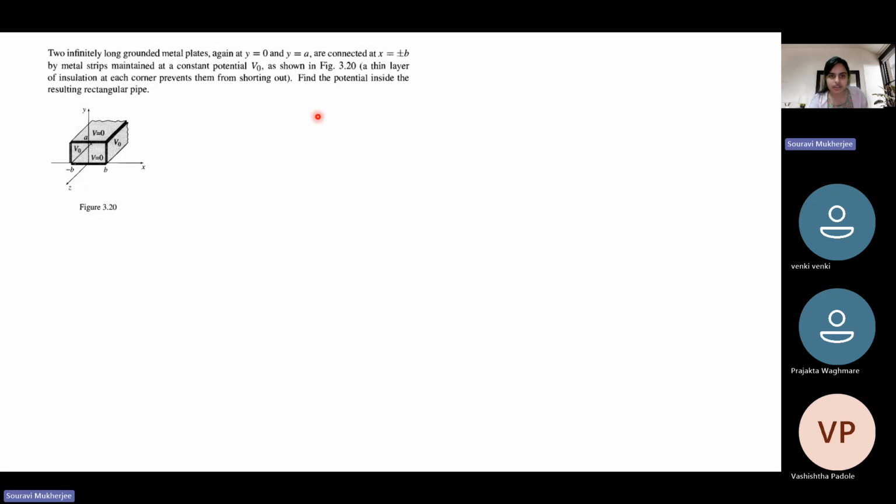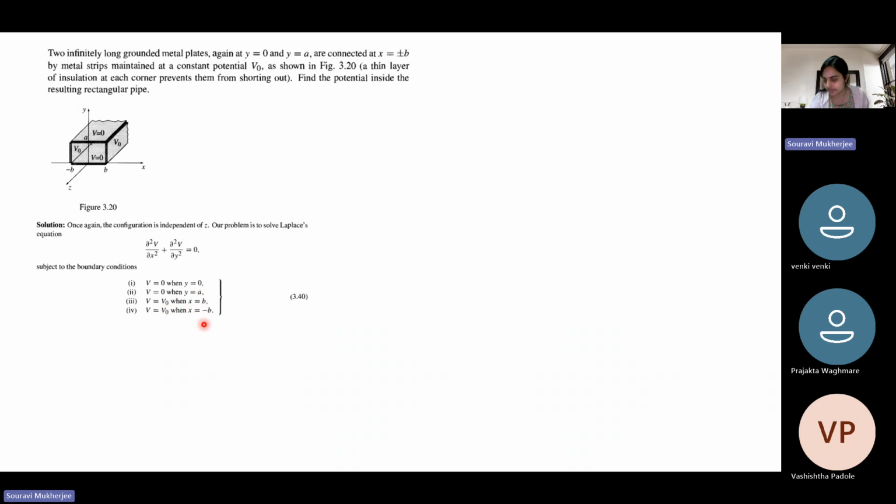So now you want to find the potential inside this rectangular pipe. Inside there is no charge, no rho, so again it is the Laplace equation. You want to find V. Again, we write del square V del x square plus del square V del y square is equal to 0. What are the boundary conditions? V goes to 0 at y equal to 0 and a. V is equal to V naught at x equal to b and minus b.